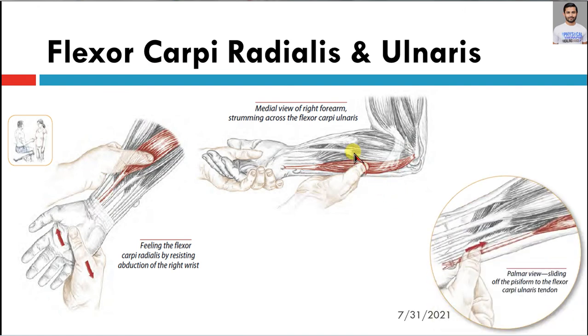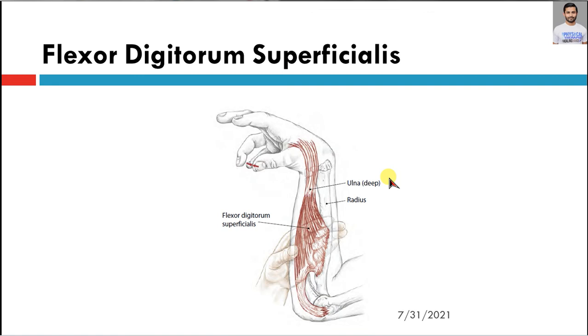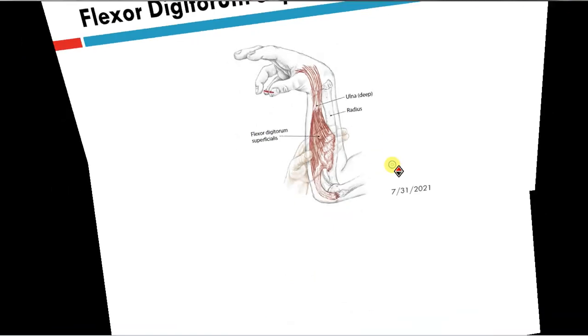You can also strum across the flexor carpi ulnaris. Flexor digitorum superficialis becomes very active when you perform this opposition movement.